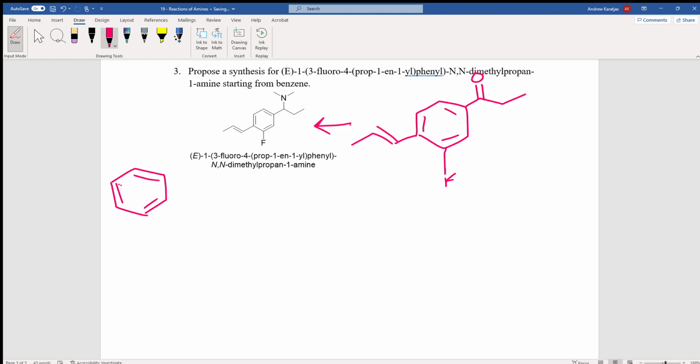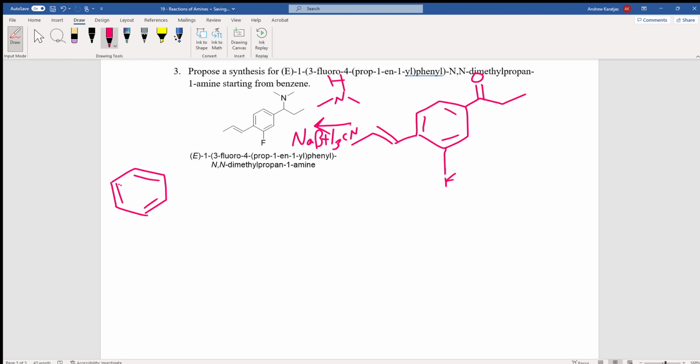So if I had that carbonyl, I can add dimethylamine and then use the borohydride to make the product.